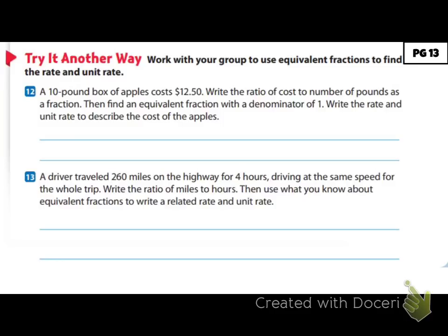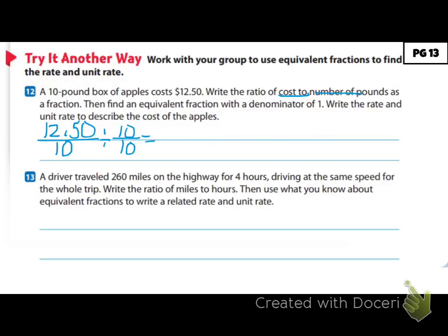All right, number 12 says, a 10-pound box of apples costs $12.50. Write the ratio of cost to number of pounds as a fraction. Well, the cost would be $12.50, and then the number of pounds would be 10. Then it says to find an equivalent fraction with a denominator of 1. So this is where we are finding our rate. Just like on the previous page, we divide by the bottom number.